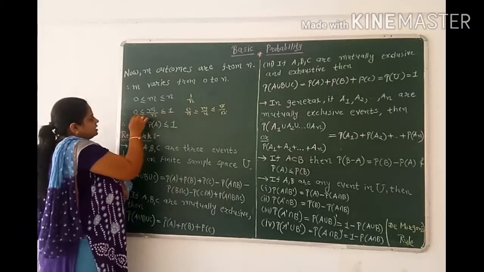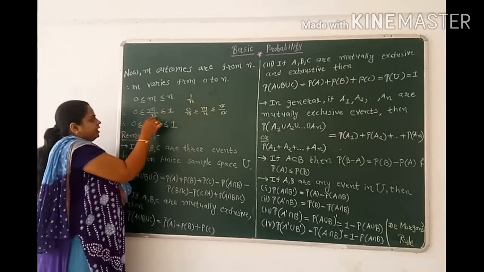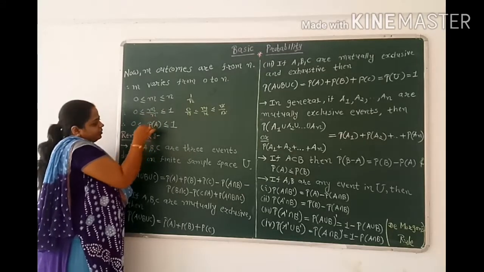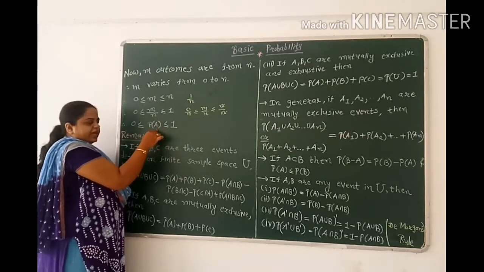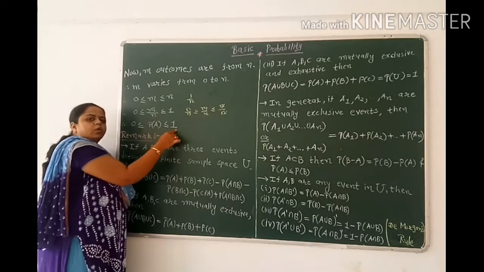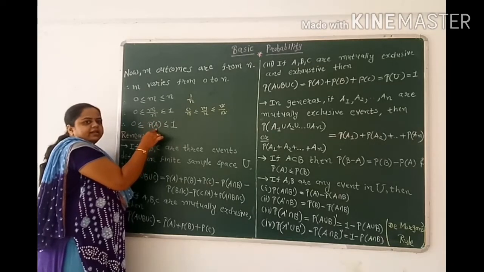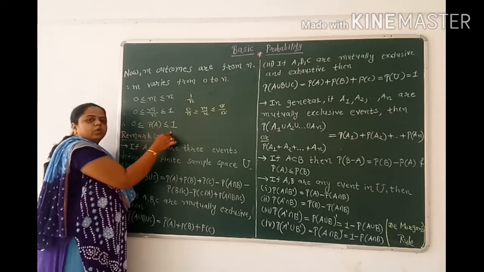So we have 0 is less than or equal to m by n, which is less than or equal to 1, and m by n is nothing but the probability of A. So we get 0 is less than or equal to probability of A, which is less than or equal to 1. That means probability of any event is between 0 and 1.